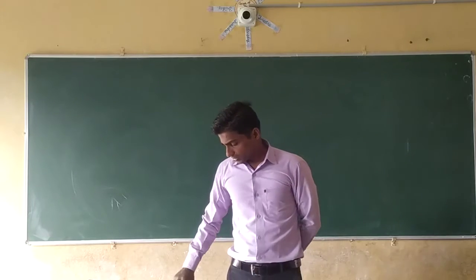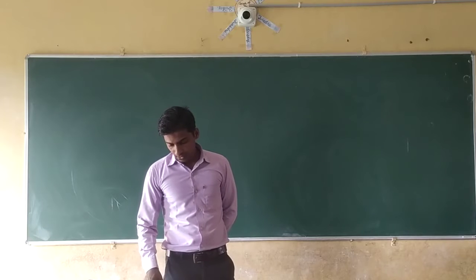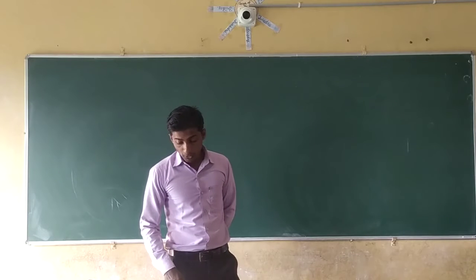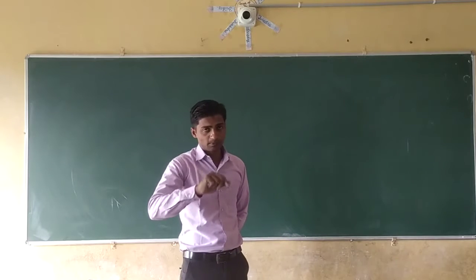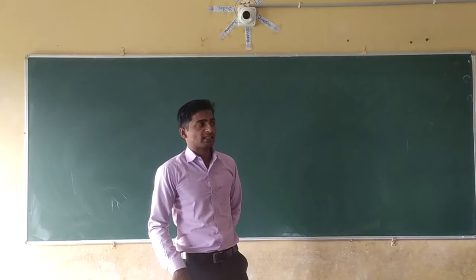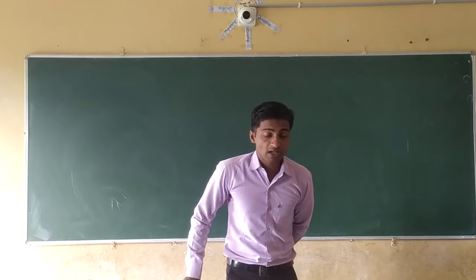Along with that, the third main component that we are going to study today is about the blood. The blood contains WBC, RBC, platelets and plasma. WBCs give disease resistance power.